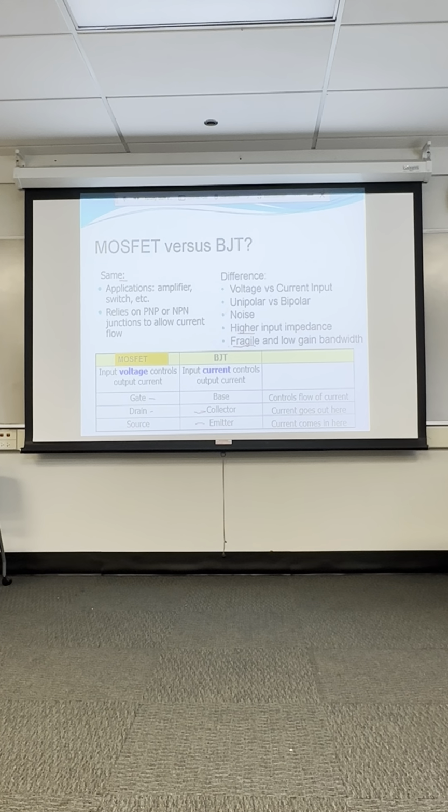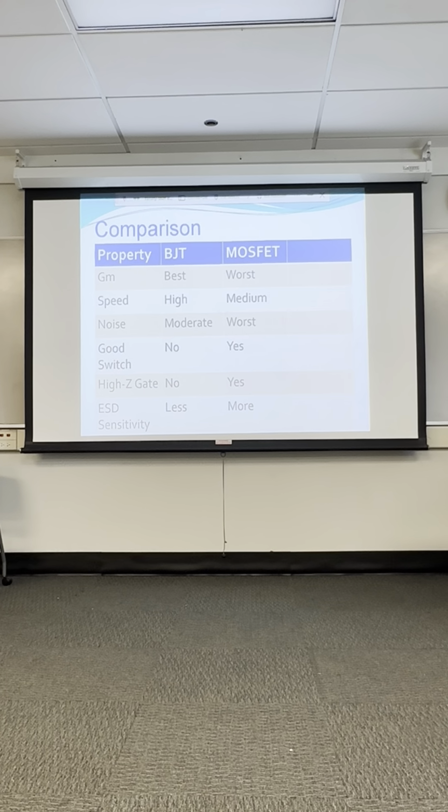If you've ever been tempted to change memory in one of your computer devices, you're very aware that you avoid ever touching the metal pins on any kind of microprocessor or digital memory device, because those devices are filled with MOSFET transistors, and if they get a static charge discharge, it can damage the gate on the devices. So that's what it means here when it says fragile. BJTs are not like that. They don't respond to static electricity like that.